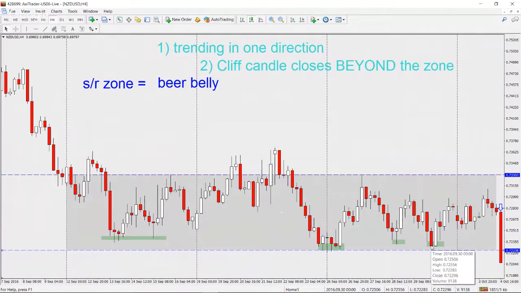I think 29 was the lowest one, right? 72.29 and 72.29. So these two closes are equally as low, but this one is much lower at 05. So 29, 29, 05. Why is that important? Because it means that it's a valid cliff candle. It's closed clearly beyond the zone.